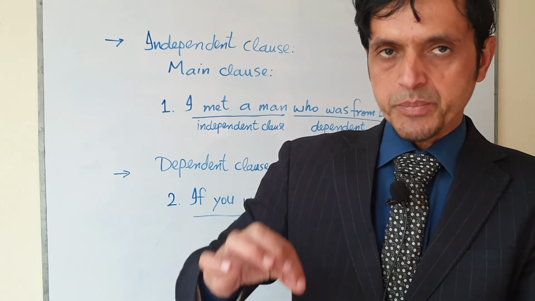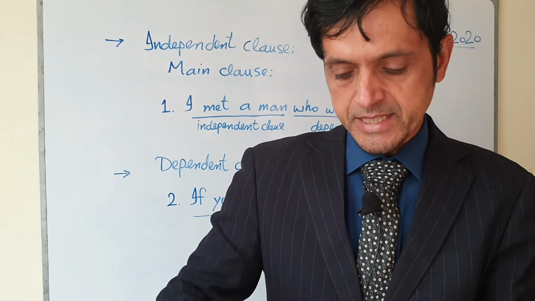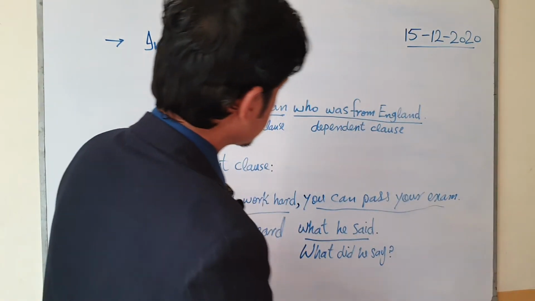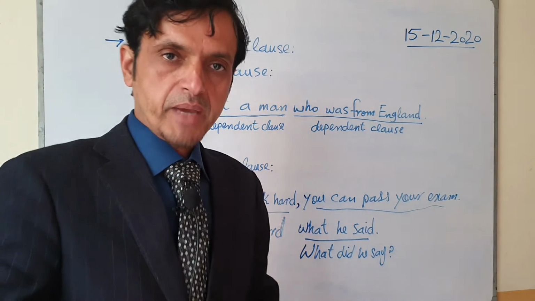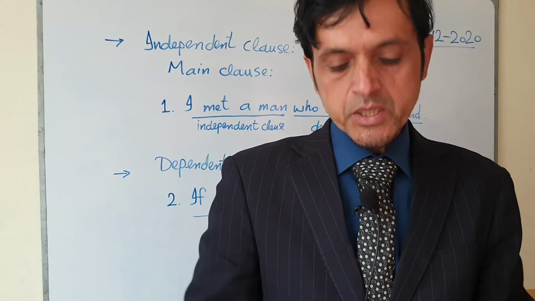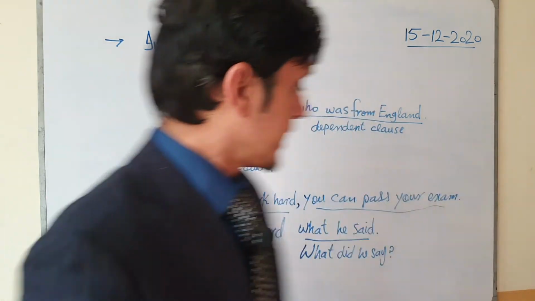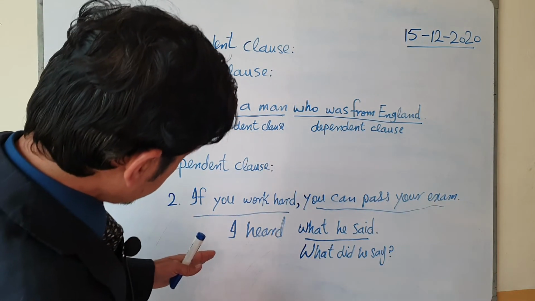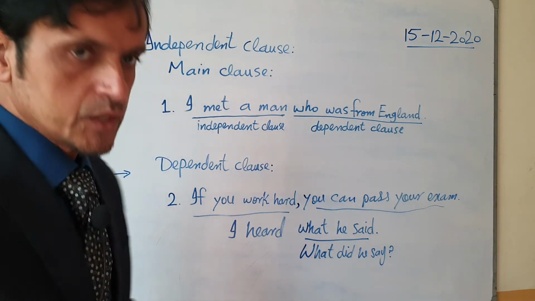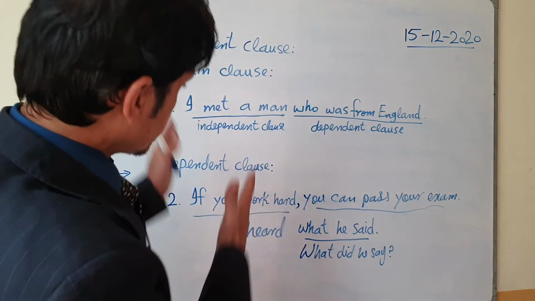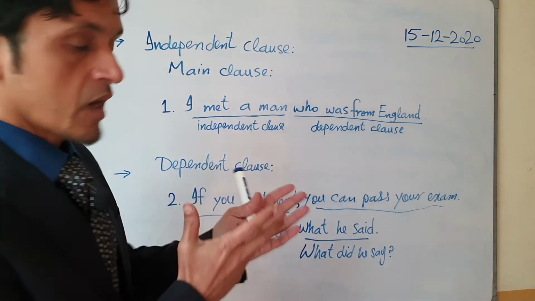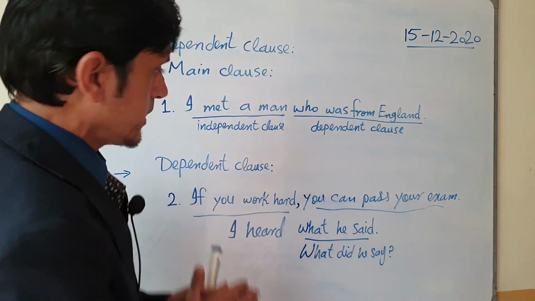An independent clause is a complete sentence, while a dependent clause needs another main clause or independent clause to make its meaning clear. All these are examples. If you still do not understand, study them again and again, and the concept will automatically become clear in your mind.